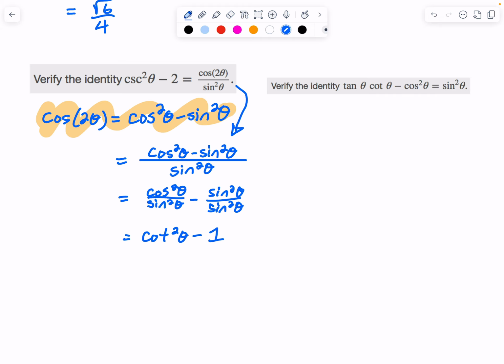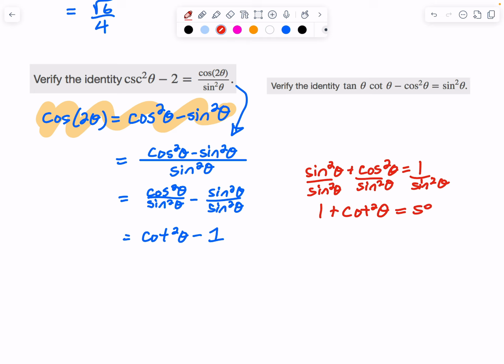Okay, I see that cotangent squared. Now, this is how I go about my identities with squares. I know that one. I need a cotangent, so I'm going to divide by sine squared, and this will tell me the formula: 1 plus cotangent squared equals cosecant squared.